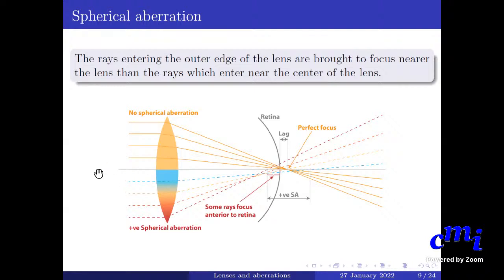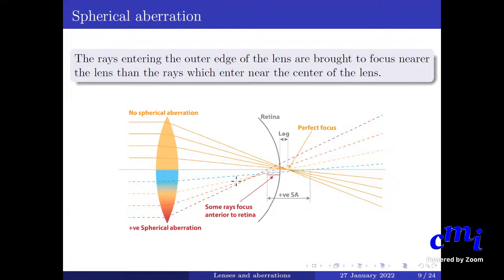What this is saying is that the rays coming in from near the center of the lens are brought to focus at one point, and rays coming in from the top edge or bottom edge of the lens are brought to focus earlier than where the central rays are. So not all rays are focused at the same point, and there is going to be a blur.